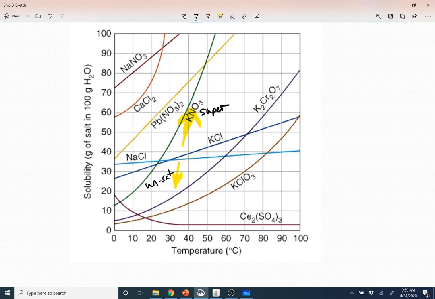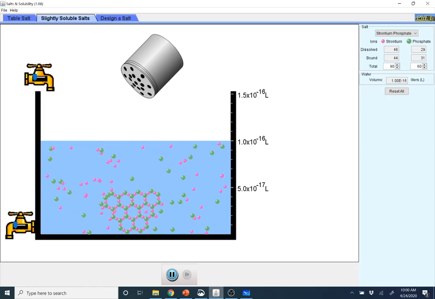If you're able to force 40 grams of salt into the water at room temperature, you have what's called a supersaturated solution. And as soon as you stop doing that thing that is forcing the salt in there, it will start to crystallize.